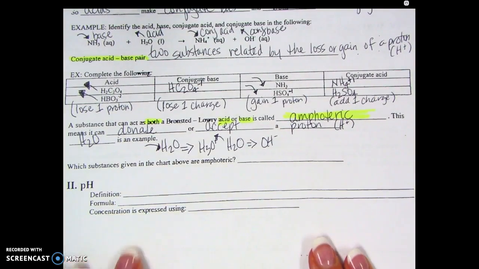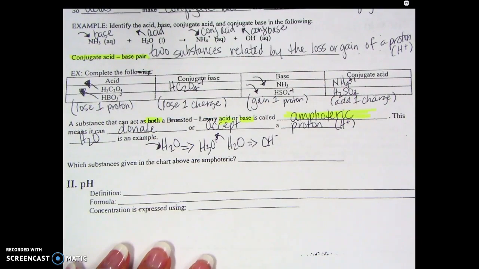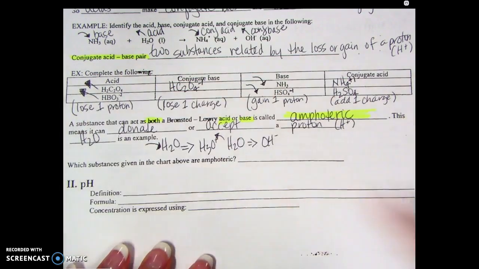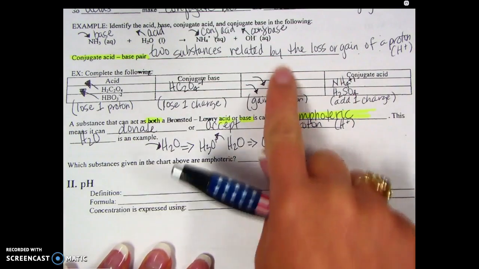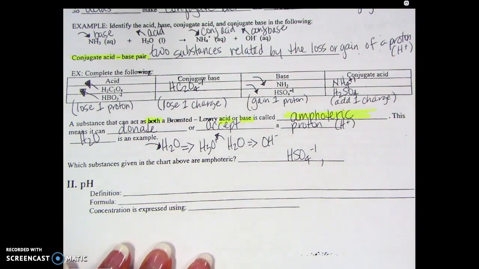Great. Okay. So let's look at these, the acids and bases. Which substances are amphoteric? Which one can donate a hydrogen and accept a hydrogen? HSO4 minus 1, because we're looking right here. Good. HSO4 minus 1. And what else? What has a negative charge and a hydrogen?